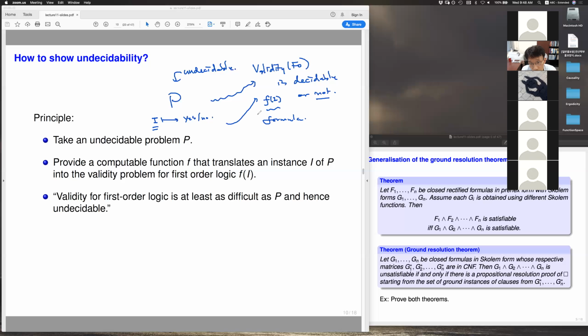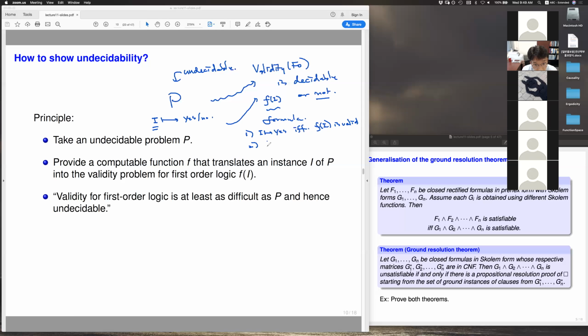But we design F in such a way that it satisfies two things. The first: I should be mapped to yes if and only if F of I is valid, that is, F of I should be mapped to yes according to the validity problem. So this translation preserves the answer.